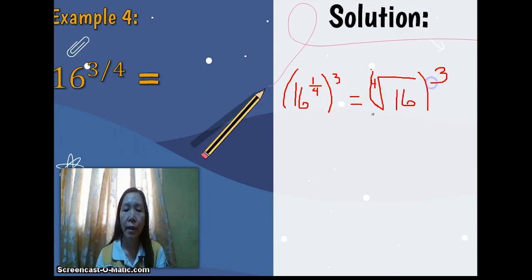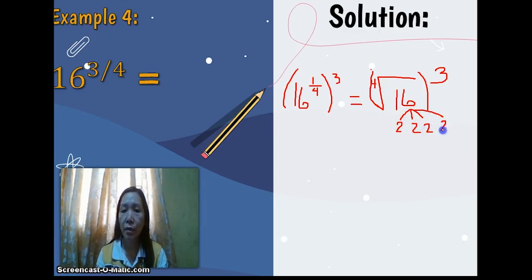Next, we're going to simplify 16. What number when you multiply by itself 4 times gives 16? Why 4 times? Since the index, the number outside the radical sign, is 4. So we think of a number which, multiplied 4 times, gives 16. So we have 2 times 2 times 2 times 2.